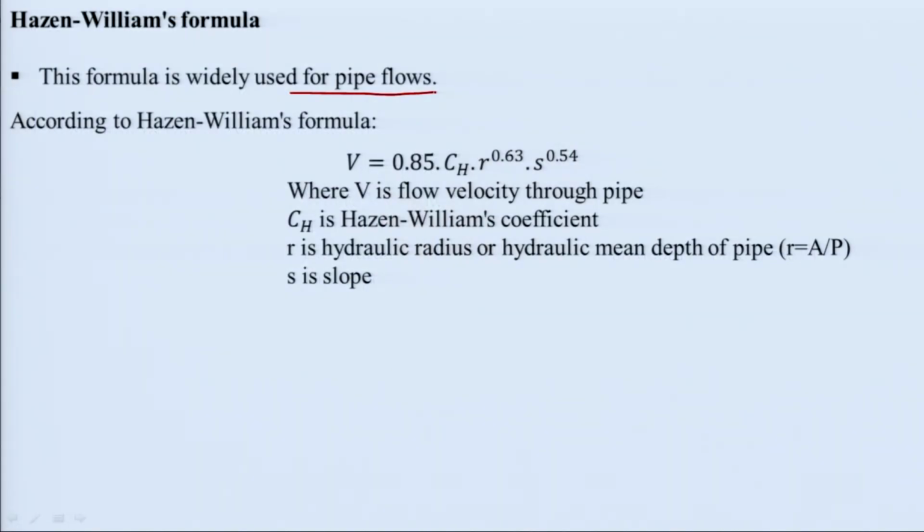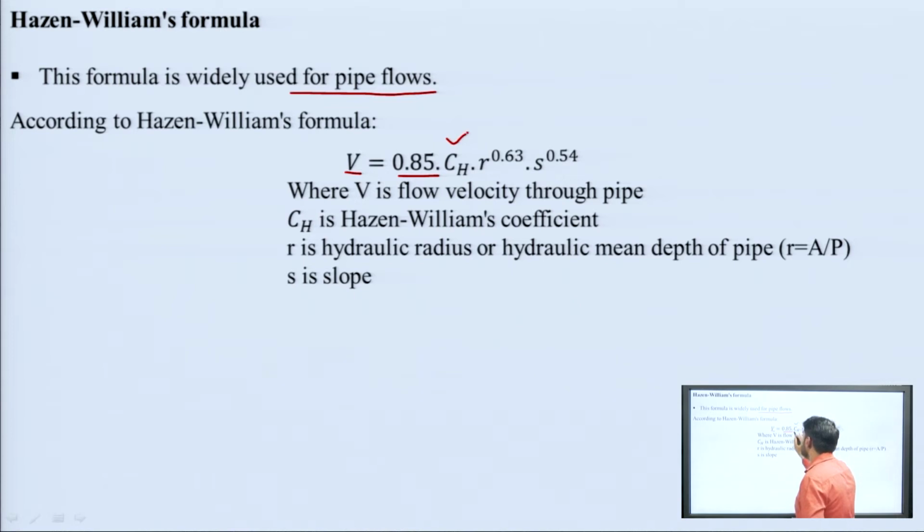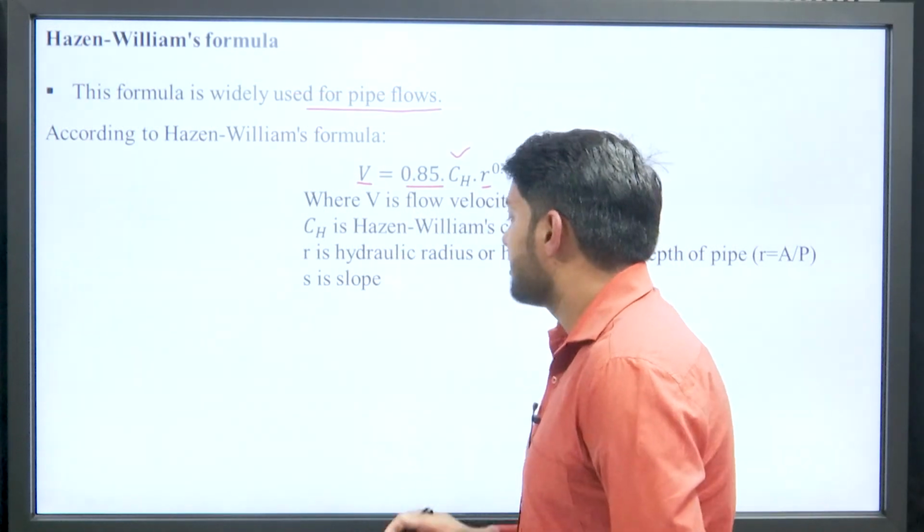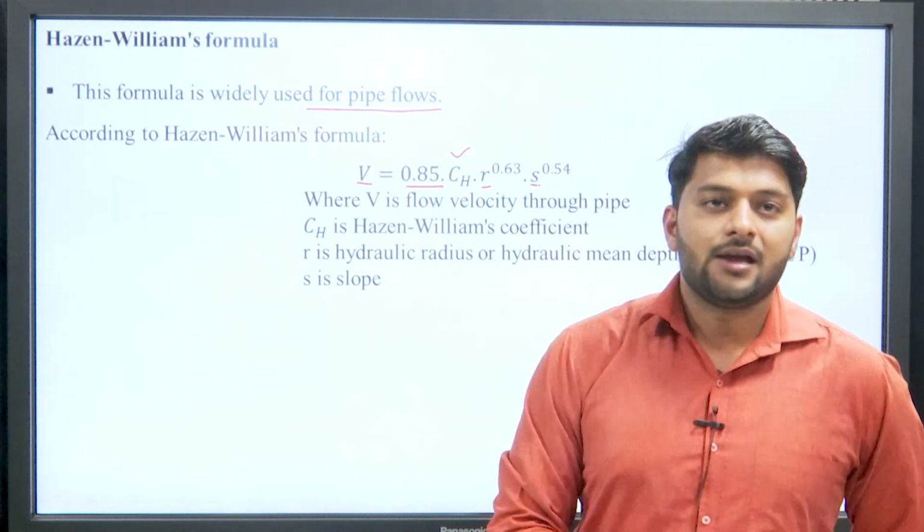Here, according to the Hazen-Williams formula, velocity equals 0.85 times the Hazen-Williams coefficient, that is Ch, multiplied by R, where R is the hydraulic mean depth, power 0.63, into slope power 0.54, where V is the velocity through the pipe, Ch is the Hazen-Williams coefficient, R is the hydraulic radius or hydraulic mean depth, and S is the slope.